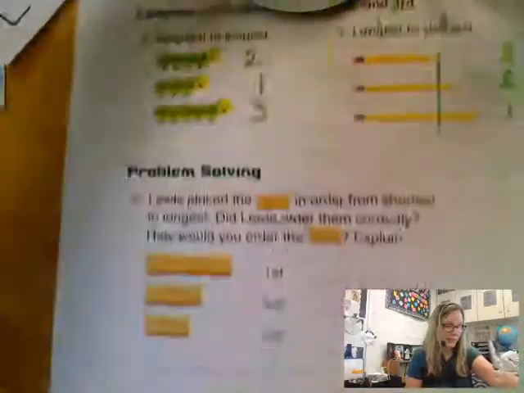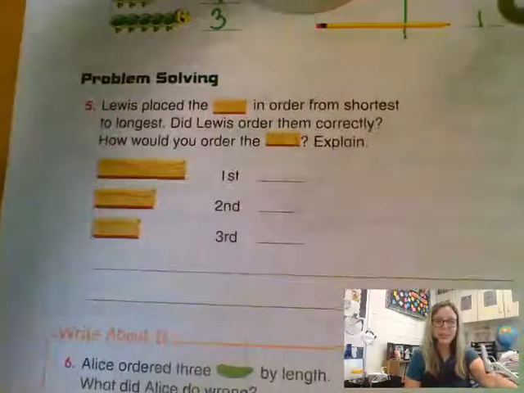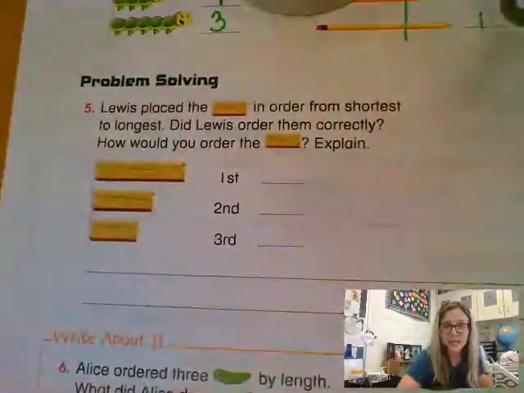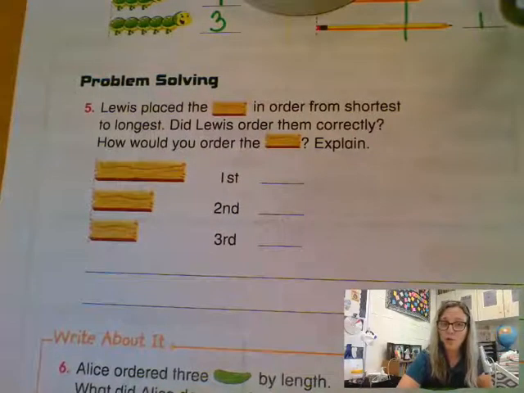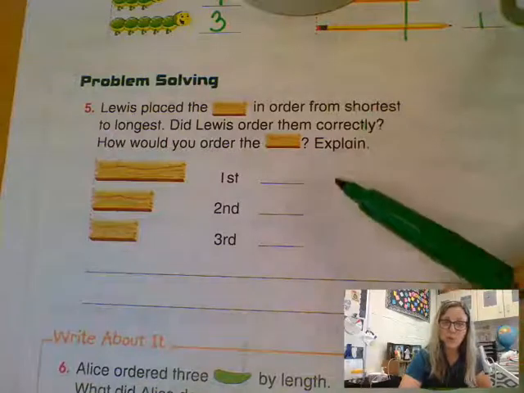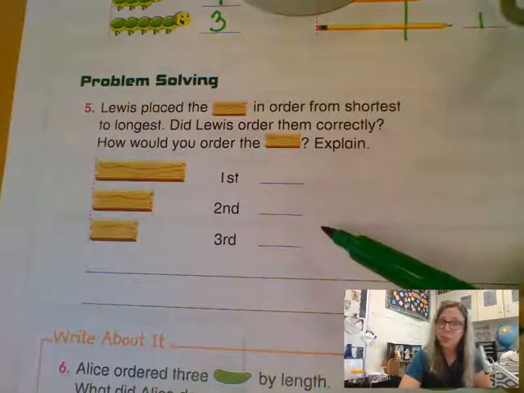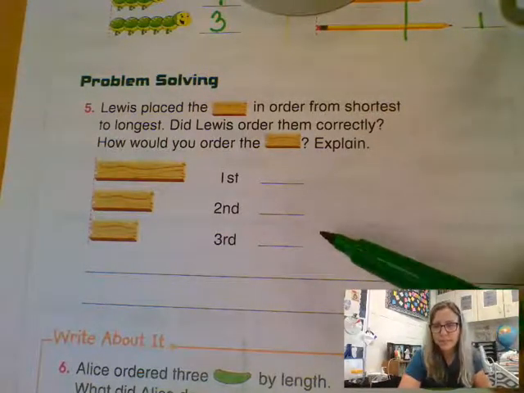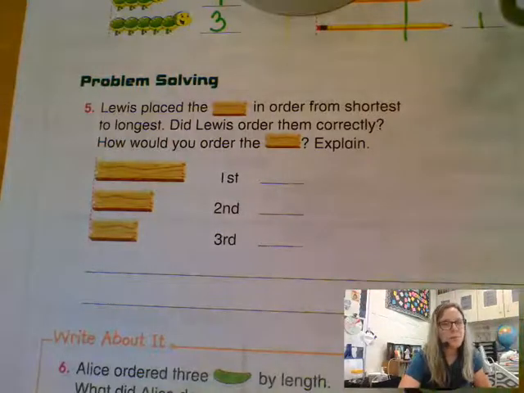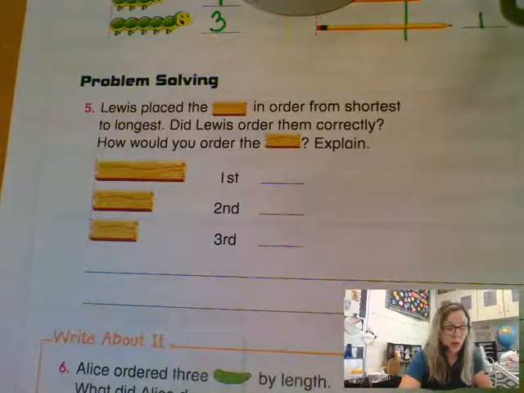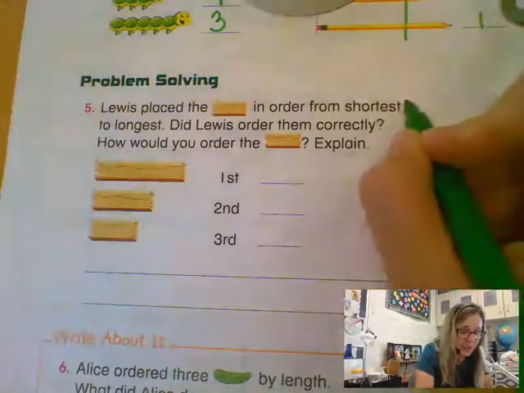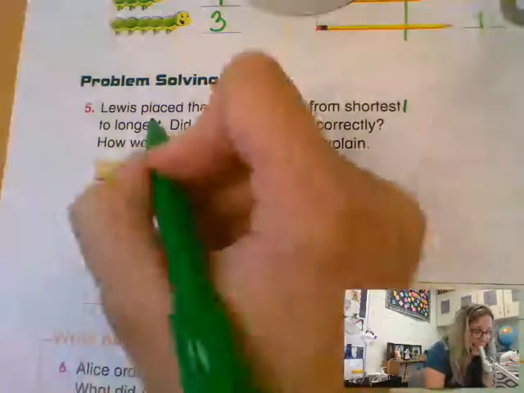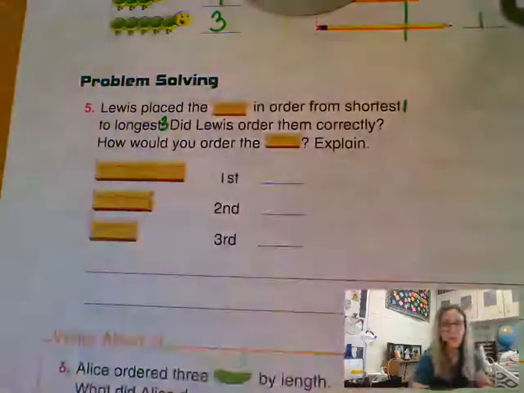Looking down at the problem-solving question, it says Lewis placed the boards in order from shortest to longest. Did he order them correctly? How would you order the boards? Explain. Well, if he ordered them from shortest to longest, that means that the shortest should be number 1 and the longest should be number 3.